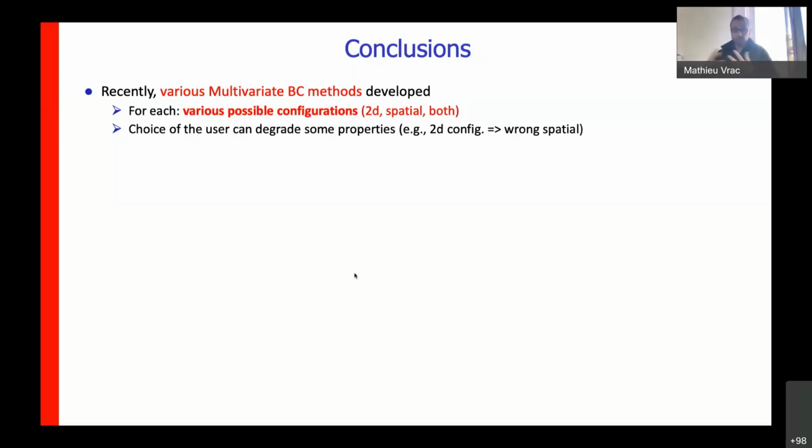What kind of multivariate properties do I really want to correct? And this choice can degrade the other properties. So we have to be careful, for example, in using a two-dimensional configuration, which is the simplest one. You can completely destroy the spatial properties. So be careful in that.